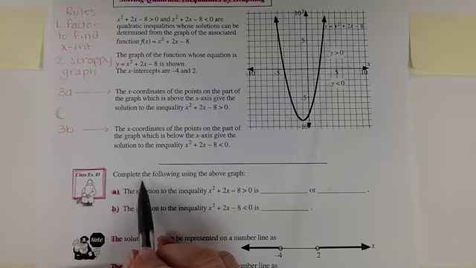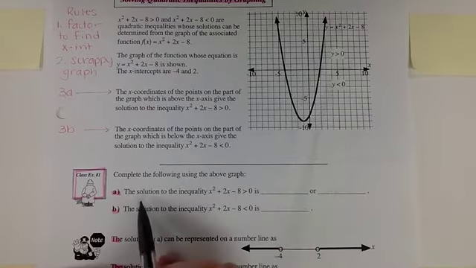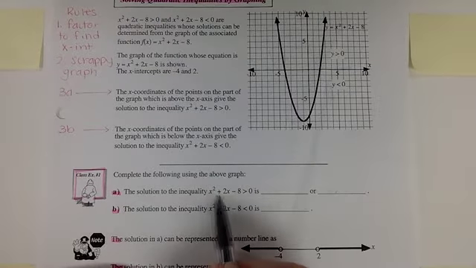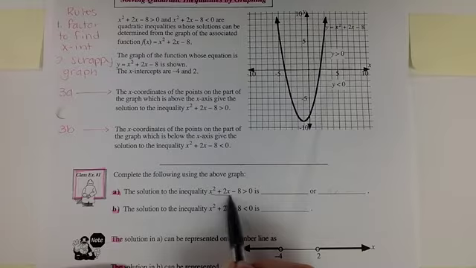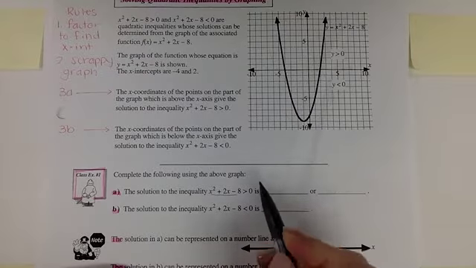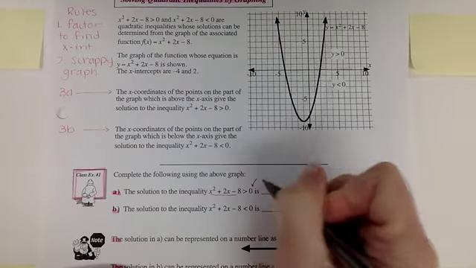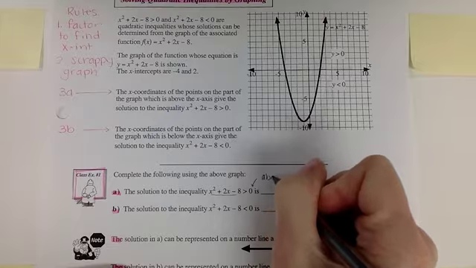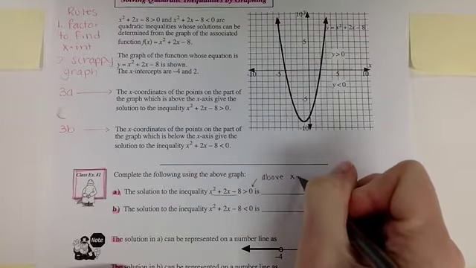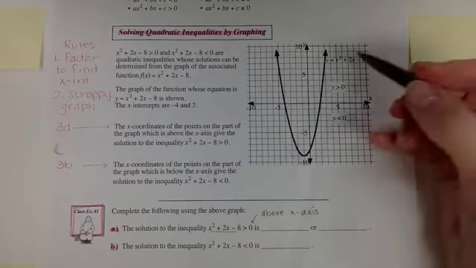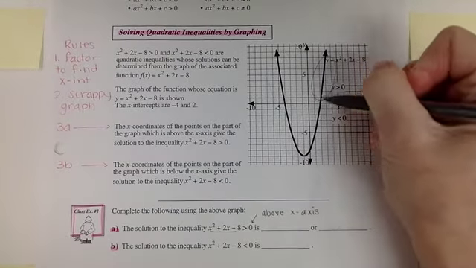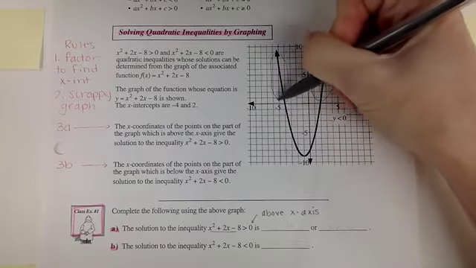Okay, number 1, complete the following using the above graph. The solution to the inequality x squared plus 2x minus 8 is greater than 0 is. So this means when is this graph greater than 0, meaning above the x-axis? If I look at my graph, it's above the x-axis here and here.